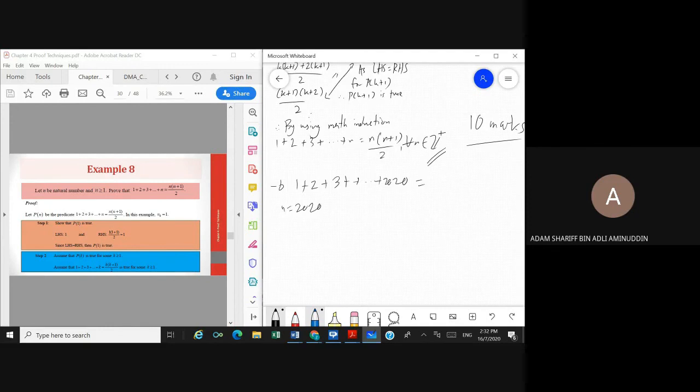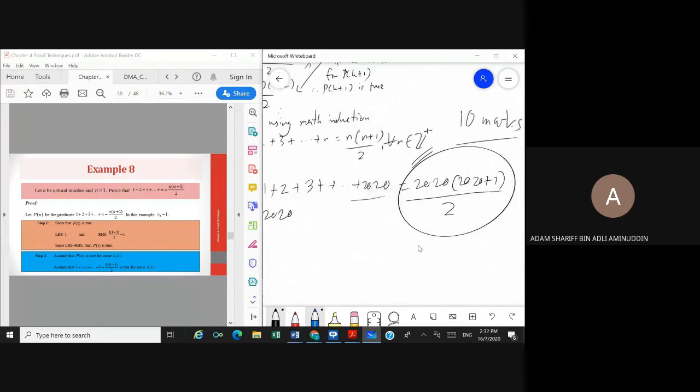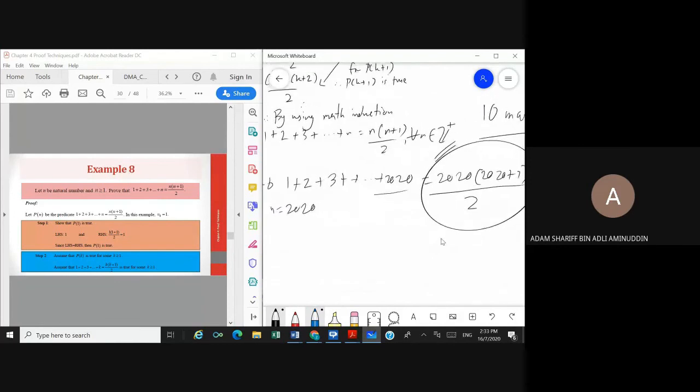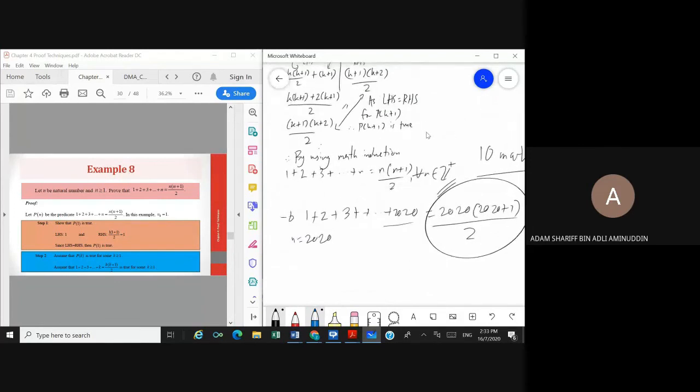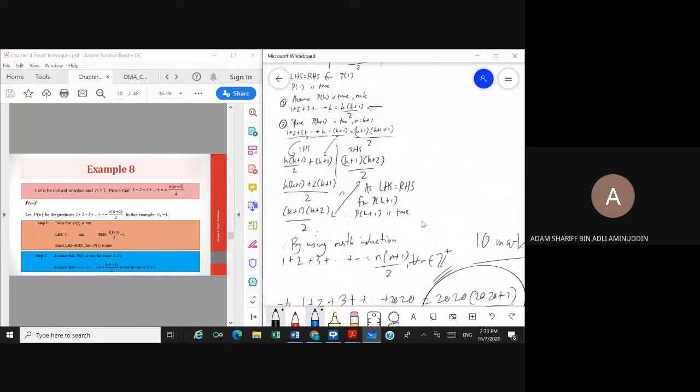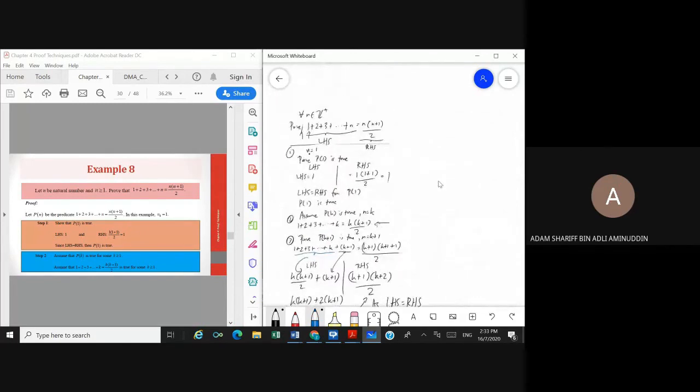Therefore, if I put in the formula, the answer will be 2020 times 2020 plus 1 over 2. The summation from 1 until 2020 is this integer. Put in the calculator. So this is the usage of this theorem after I prove by mathematical induction that this is true.